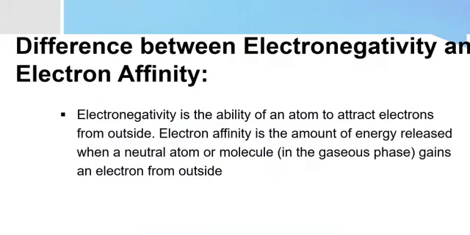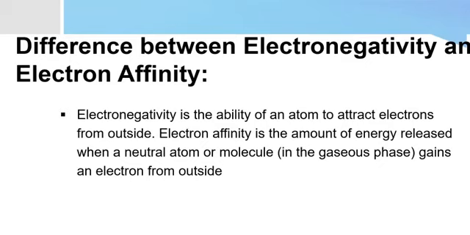So what is the difference between electronegativity and electron affinity? Both of them follow the same trend, so sometimes people are confused that both of them are the same thing, but no. Electronegativity is the tendency or ability of any atom to attract electrons towards itself.